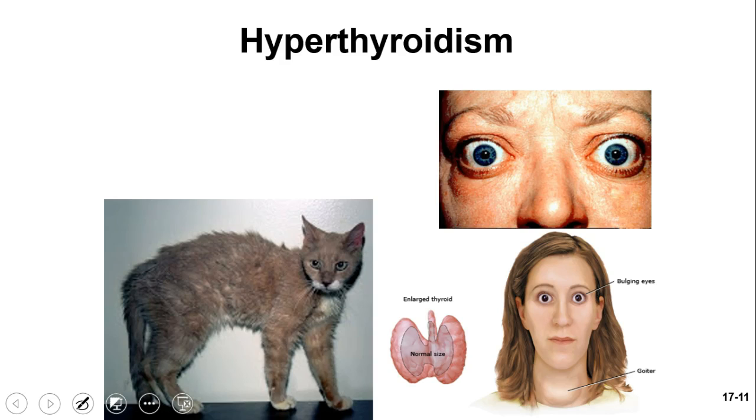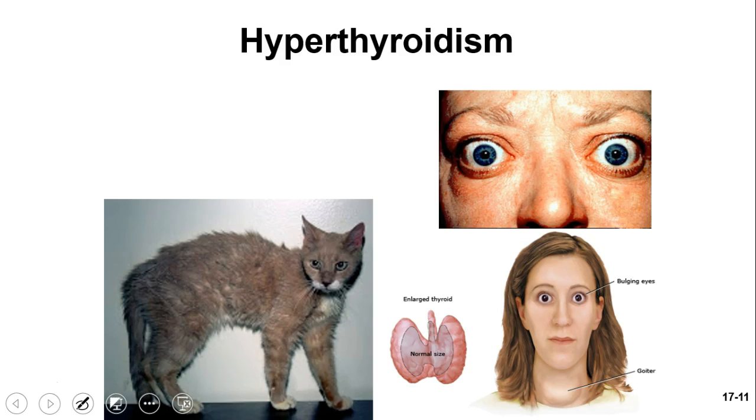Plus, of course, the telltale sign of a goiter, right? A big lump on the neck. Those are the two big giveaways. Nervousness, sweating, high body temp, all of those things. Because your body is ramped up. One of the causes of this, of course, you could have a thyroid carcinoma or something. The other option is that there's a disease called Graves' disease, which is an autoimmune disease, and actually the antibodies mimic the effects of TSH.